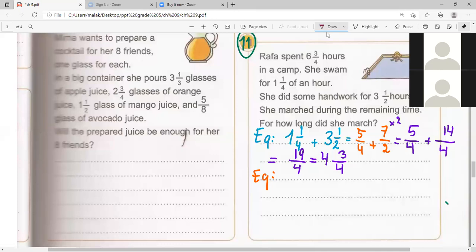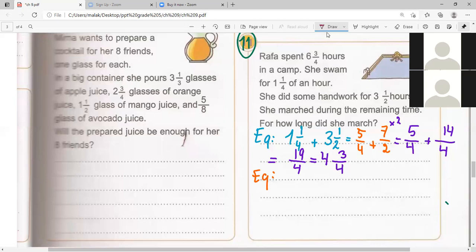Hassan Jaber. Yes, teacher. How will we find the remaining time? We have to add 19. No, the remaining time, meaning the time left for her to do marching.